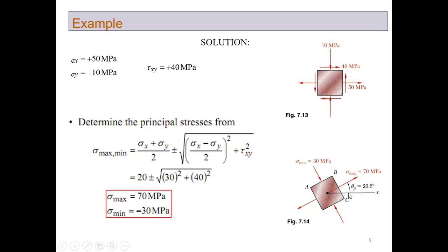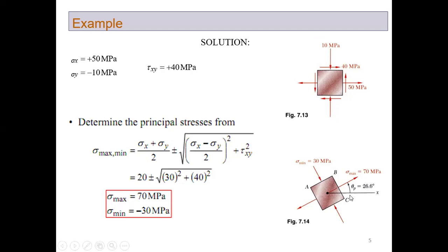Normally we take the angle with respect to the x-axis, and a positive angle is counterclockwise. Positive angle is always counterclockwise, and the reason is the same as before: if you curl your fingers counterclockwise, your thumb would be in the positive z direction.